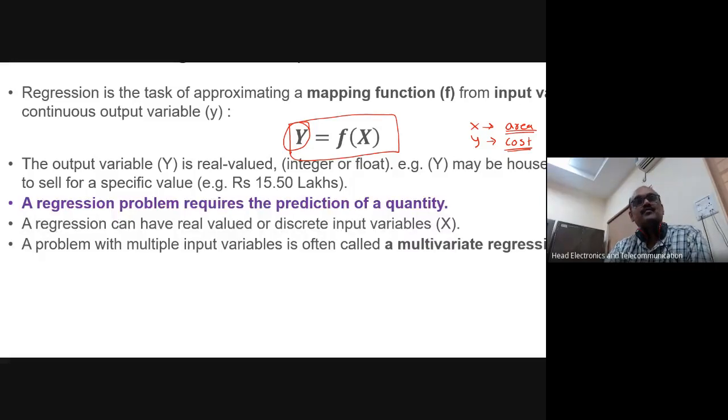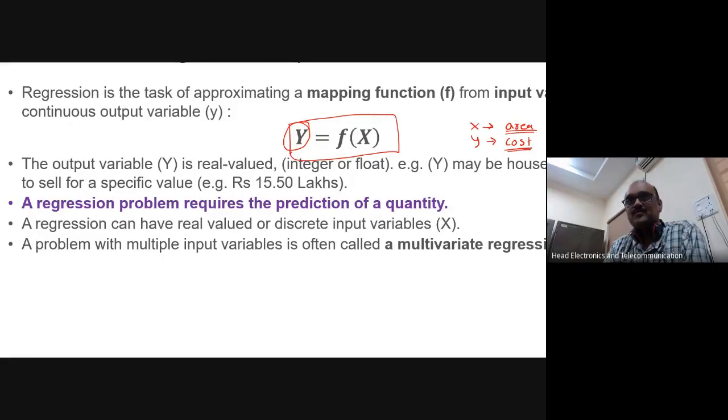A regression problem requires the prediction of a quantity. Regression can have real valued or discrete input variables. So x can be anything, the output is continuous. That is the problem domain. A problem with multiple input variables is often called a multivariate regression problem.